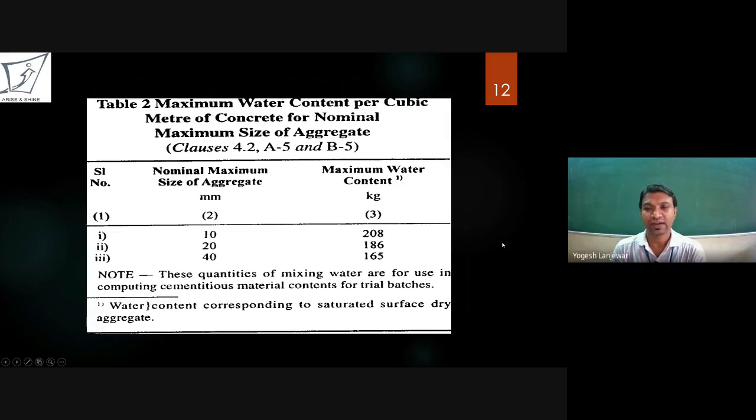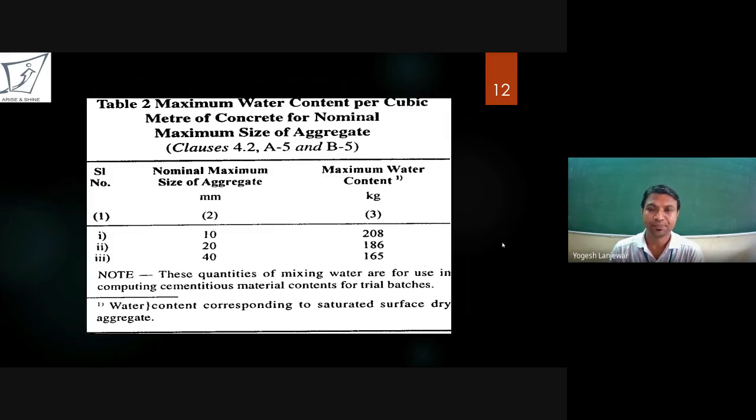Now, this is the maximum water content per cubic meter of concrete for a nominal maximum size of aggregate. We can consider the maximum size of aggregate of 10 mm, 20 mm and 40 mm, and depending upon the maximum nominal size of aggregate, the water content changes, and that maximum water content is in terms of kg.